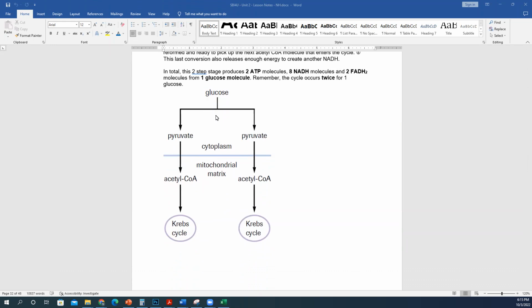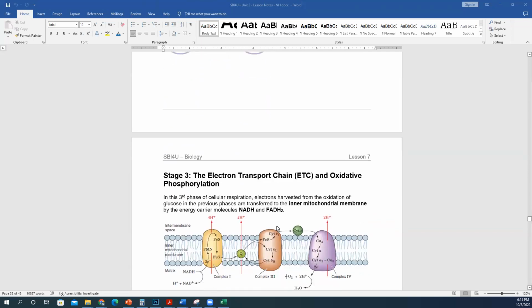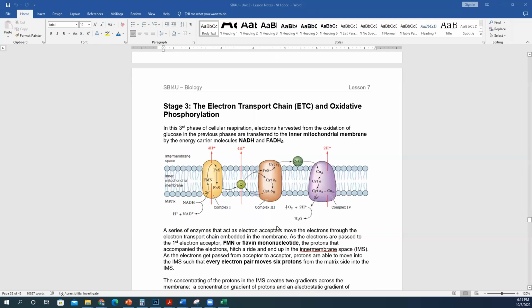So you can see from glucose to pyruvate to acetyl-CoA and 2 times around the Krebs cycle. So finally, in the 3rd phase of cellular respiration, electrons become harvested from this oxidation of glucose that took place in the previous phases.